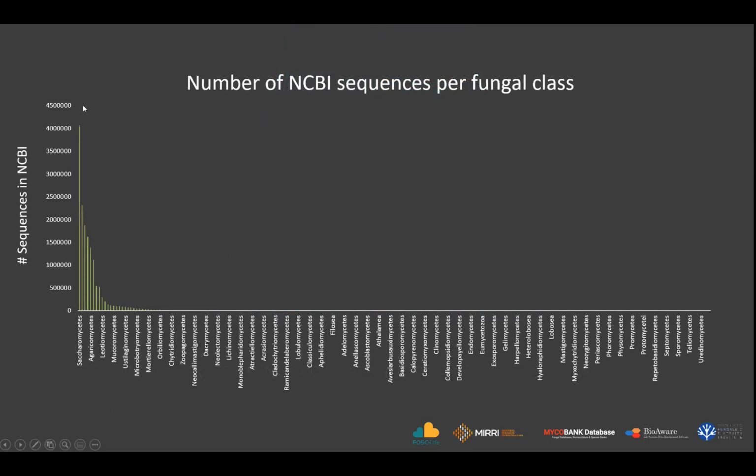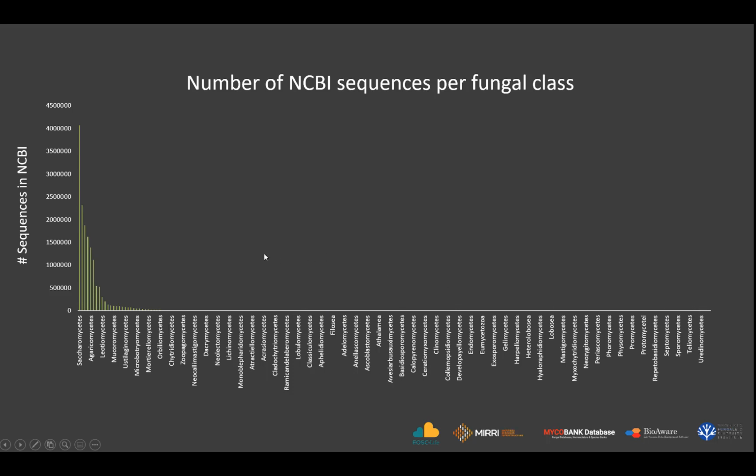Another problem is that, at least in the fungal domain, we do not have many sequences. Most of the sequences available from NCBI, this graphic is from the NCBI data, obtained 2 years ago in 2018, but it gives you an idea about the distribution of sequences. So most of the sequences are from a certain group, and for most of the fungal groups, we have nothing or almost nothing.